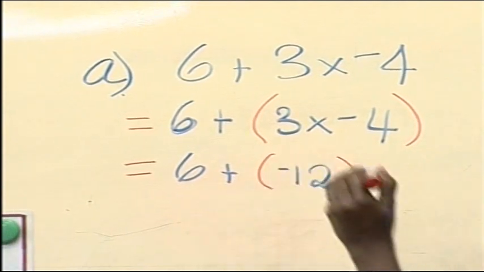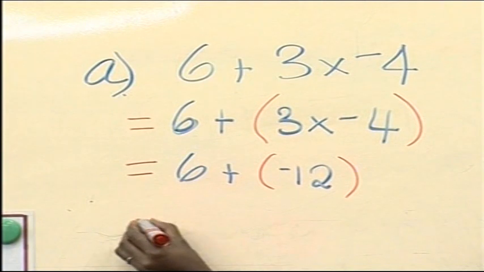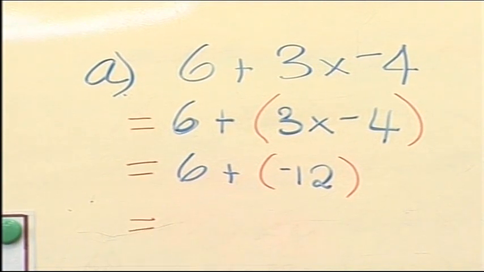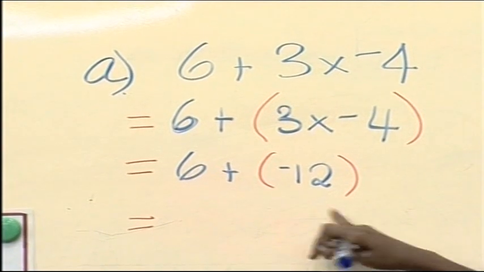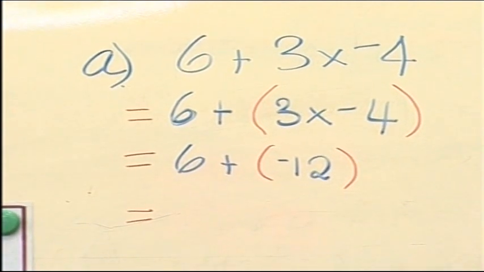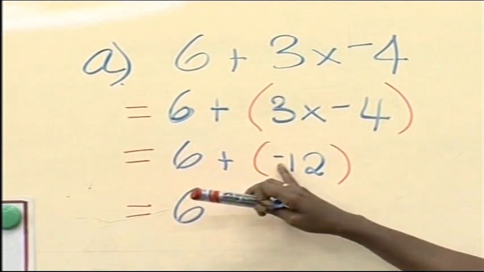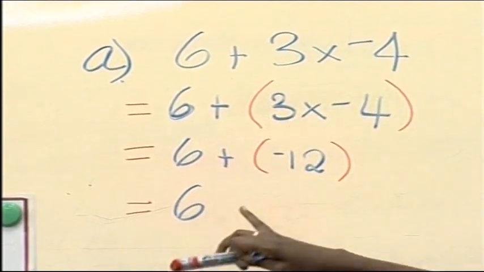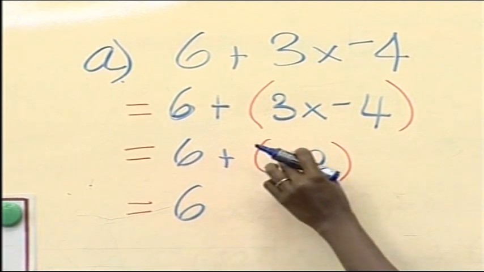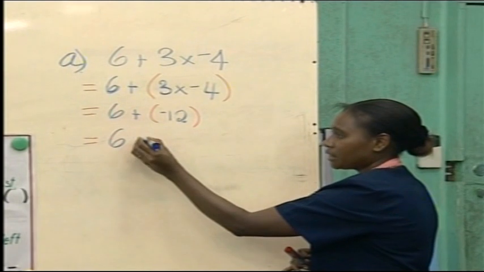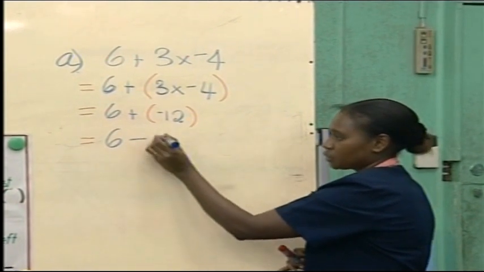We have the bracket outside it. Are we following? Okay, we have 6 plus negative 12. We bring the 6 down. Different signs. What would be my final sign that will go in here? Negative. A positive and a negative becomes a negative. 6 minus 12.